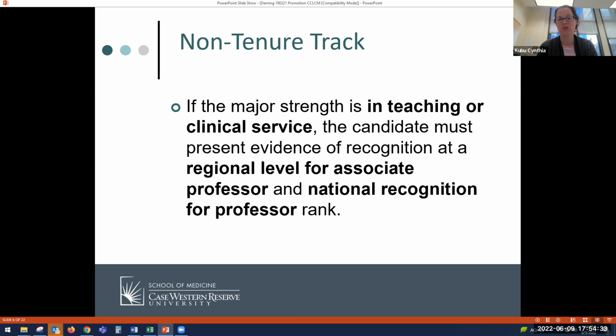If your major strength is teaching or professional service, which is clinical service, and you're going up for promotion to associate professor, you must have a regional level of expertise and recognition, or an emerging national reputation.